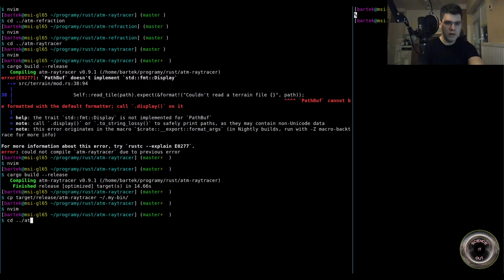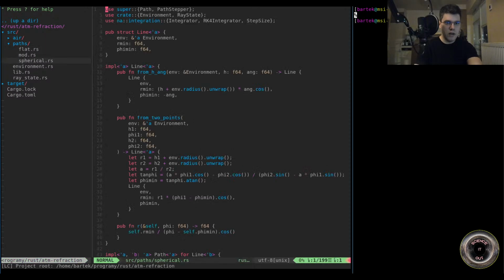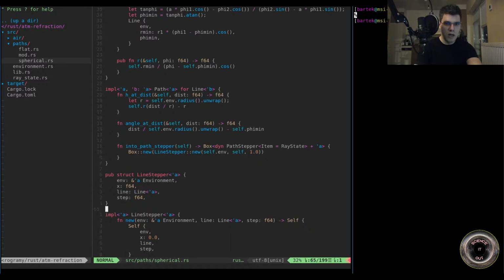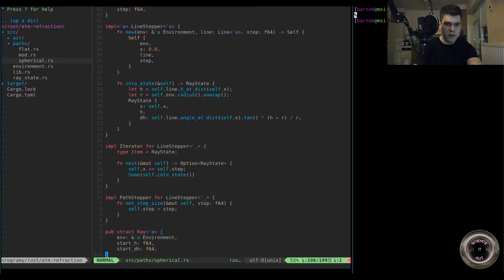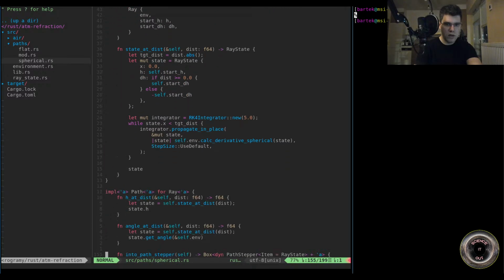This code is in a library I called atmospheric refraction. And if we look at this, this is for spherical, those are calculations for the paths on a sphere. And let me look, it should be somewhere here.